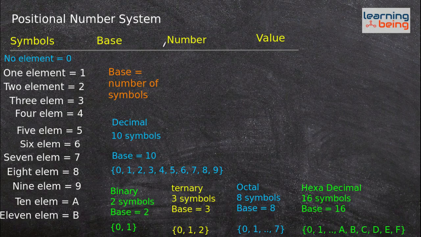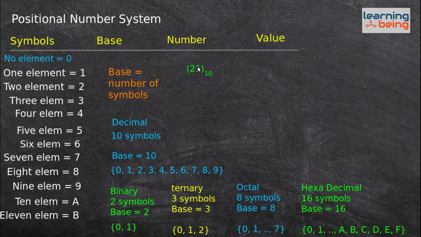Now let us understand what a number is. A number is anything created by the combination of the set of symbols. For example, 2, 1: we have combined two symbols here, this one symbol and this one symbol. This is a number, but the complete information is not here. We need another thing to know what exactly this number means, and that is the base.